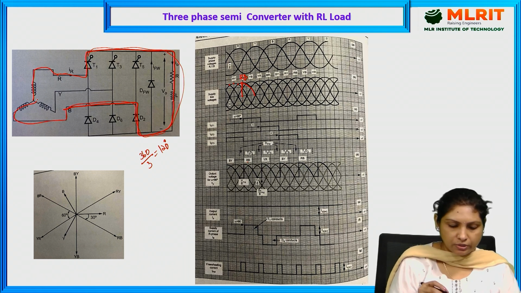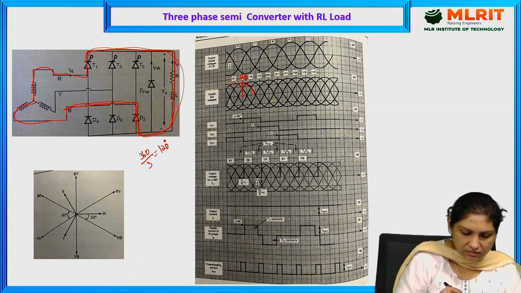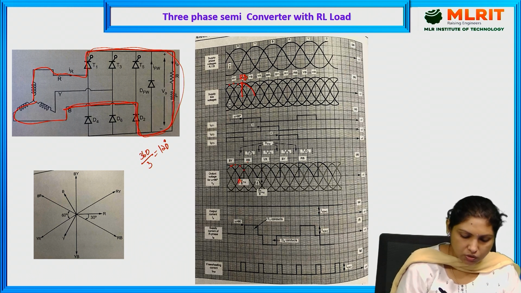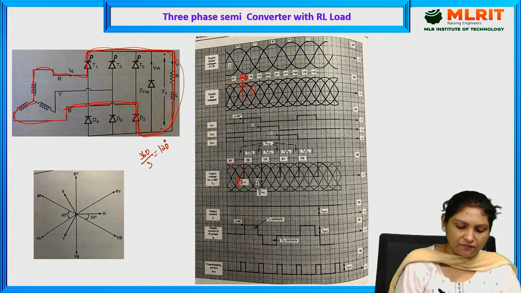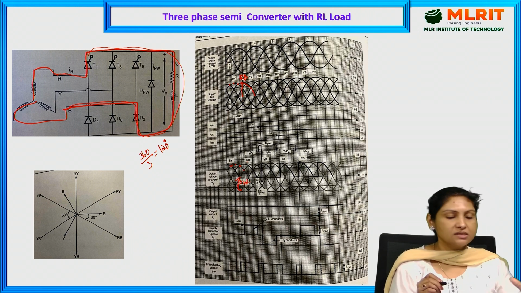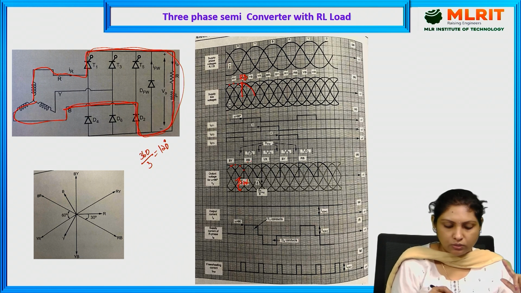Alright, so here since the RB phase is active at alpha equal to 90, this is the zero crossing, alpha equal to 30, alpha equal to 60, alpha equal to 90. Here at this instant, pi by 6 plus alpha, we have provided the triggering pulse for the thyristor. R phase in the sense thyristor 1 will be conducting, and B phase in the sense diode 2 will be conducting.